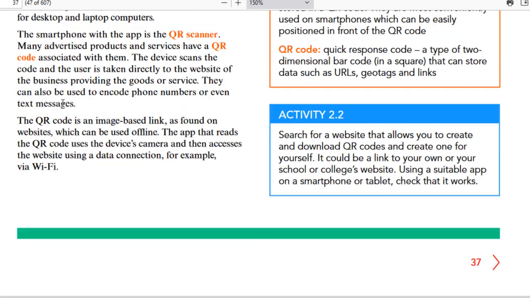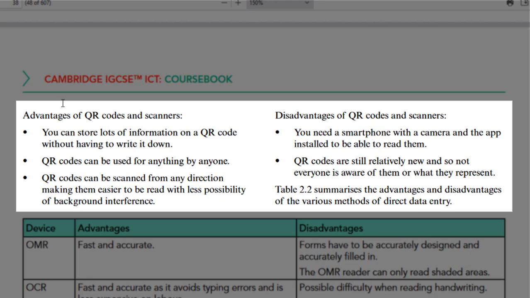Now let's go to advantages of QR codes and scanners. You can store lots of information on a QR code without having to write it down. QR codes can be used for anything by anyone. QR codes can be scanned from any direction, making them easier to read with less possibility of background interference.